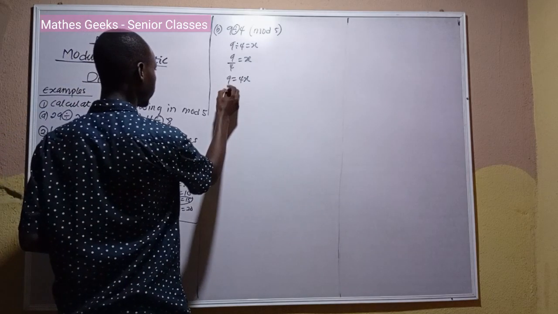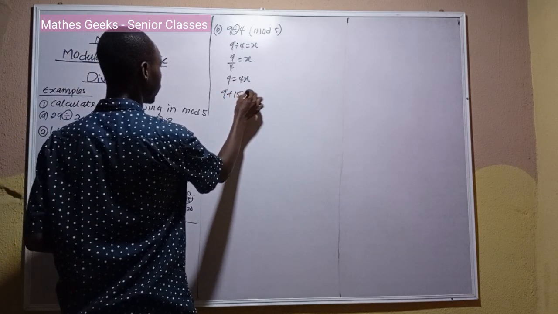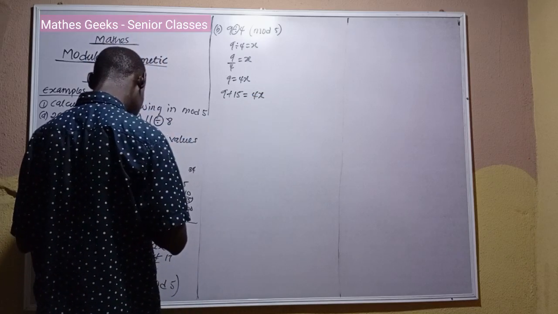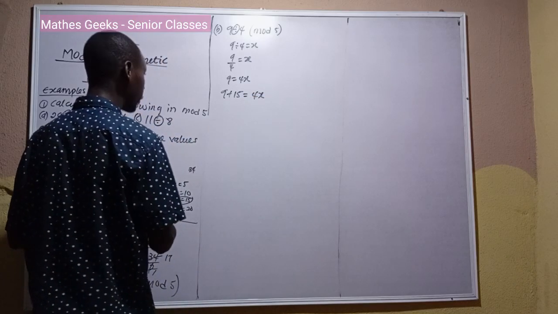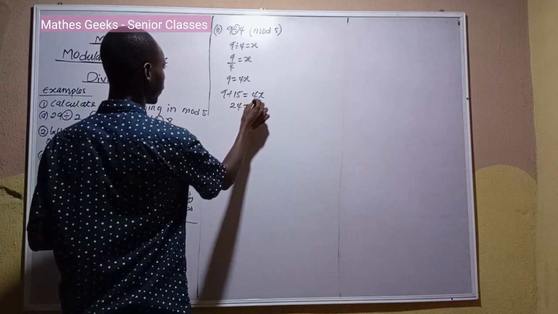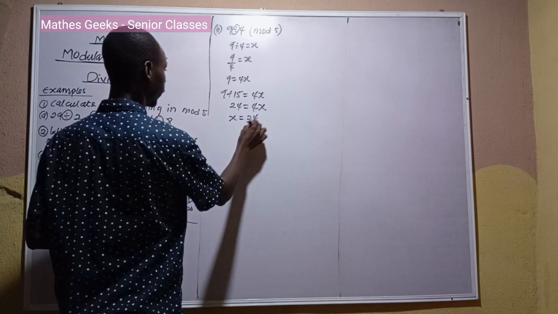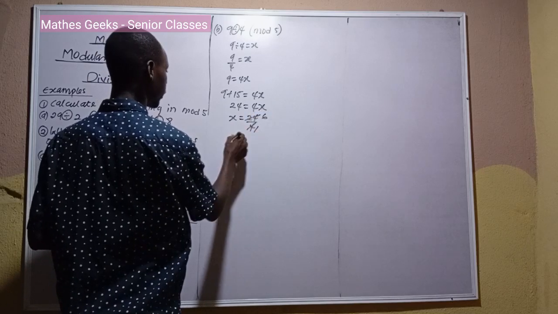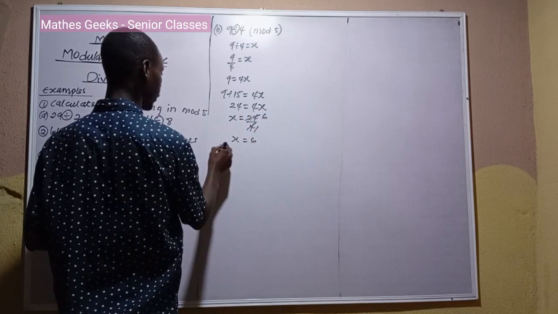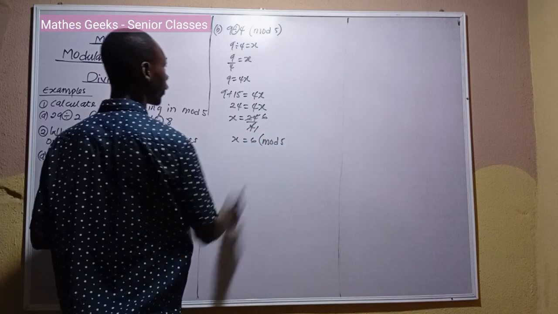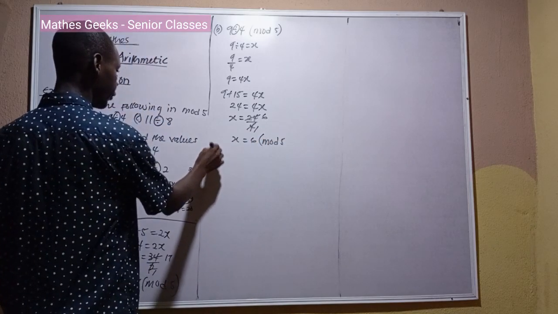That will be 9 plus 15 is equal to 4x. 9 plus 15 is 24. 24 is equal to 4x. So x equals 24 over 4, which is 6. Therefore, x equals 6 in mod 5. C.